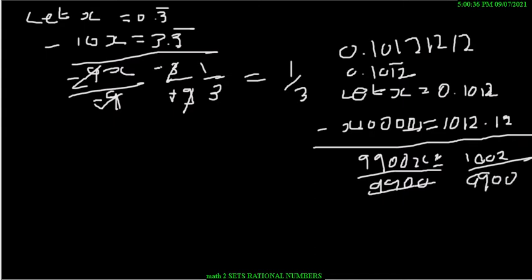And this cancels out, and x is equal to 1,002 over 9,900. And remember, in math you don't use calculators, so we cannot simplify this any further. Actually, you can.